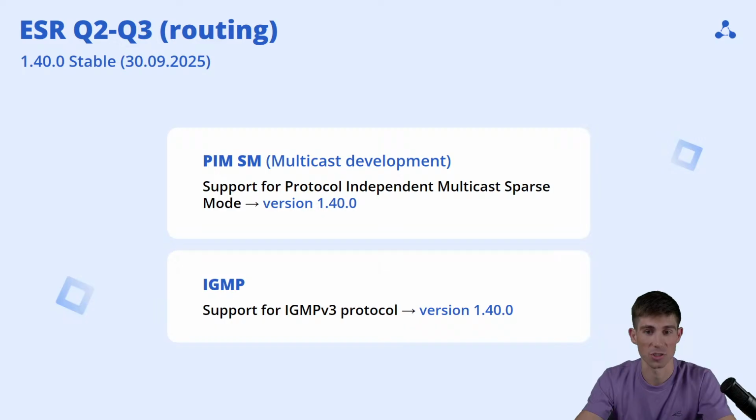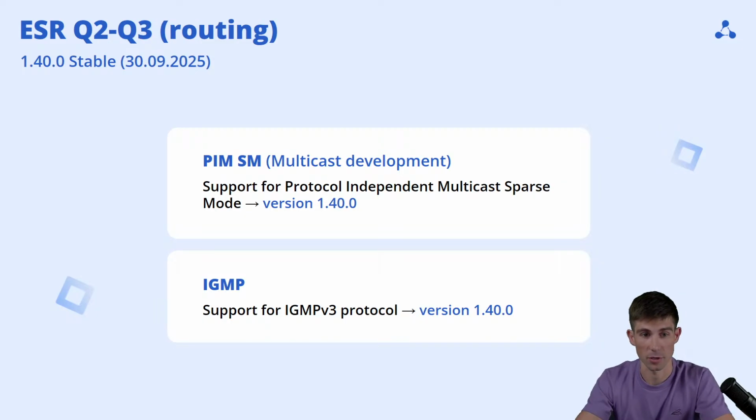Sparse mode suggests that there are only certain sparsely distributed hosts that consume the traffic, and this feature optimizes the way the traffic is routed towards these hosts. So again, it's a multicast feature, basically significantly minimizing the load on the broadband and improving the performance of traffic routing.